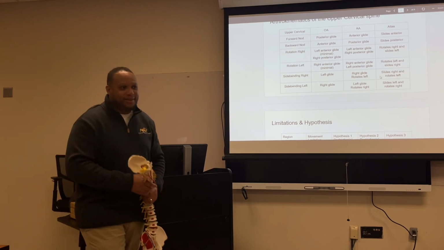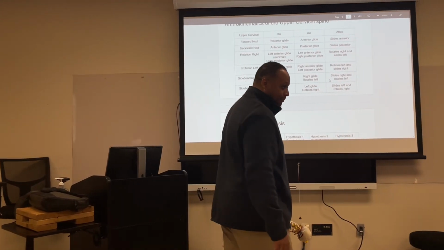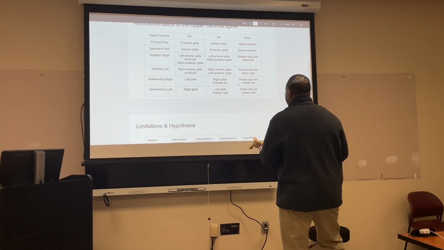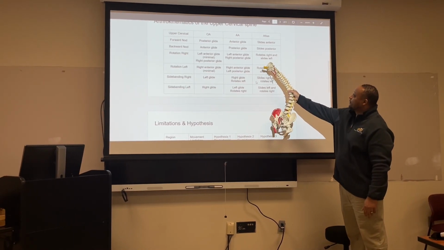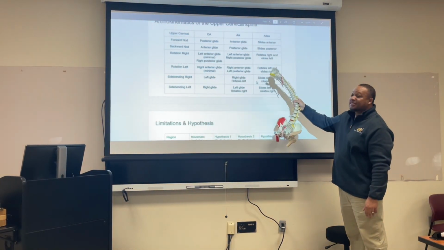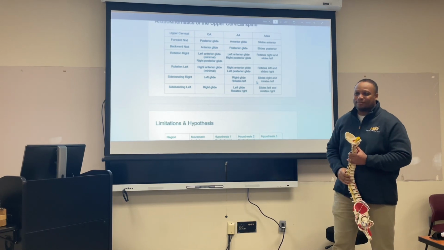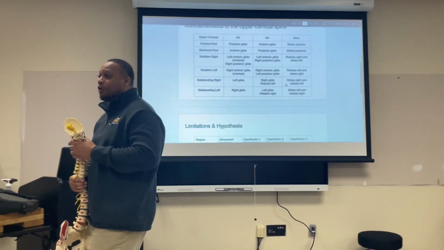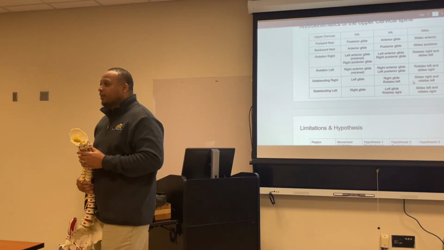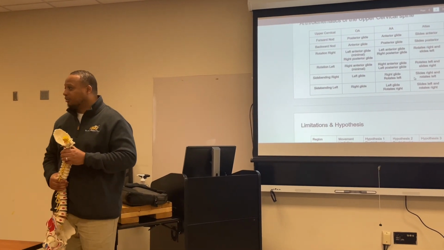So what may be the major problem is this right here, the atlas sliding to the left may be your more bang for your intervention. It may be more of the cause.